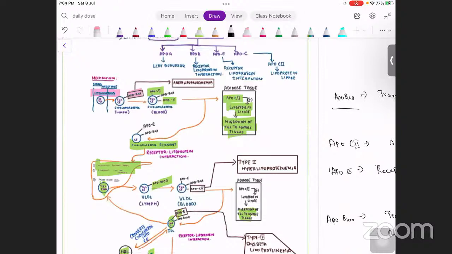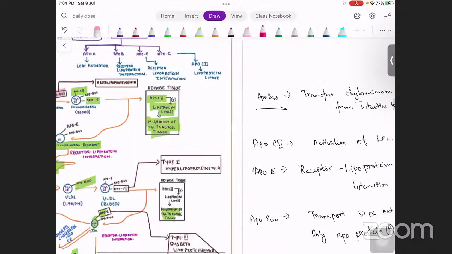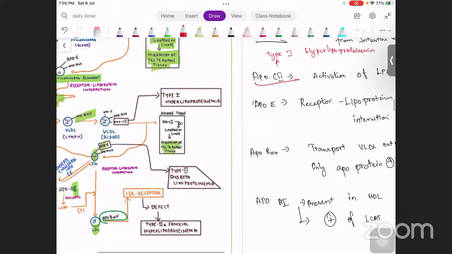So B48 deficiency could result in abetalipoproteinemia. I will write it in red so that you can understand more. And ApoC2 defect could result in type 1 hyperlipoproteinemia. And ApoE defect could result in type 3 dysbetalipoproteinemia.